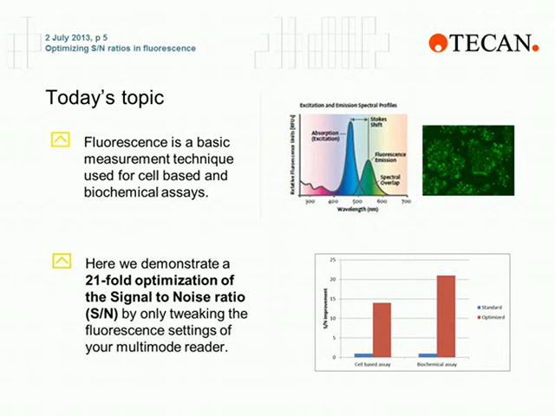After the webinar, you will have learned how to optimize your cell-based or biochemical assays by either 14 or even 21-fold without ever touching the assay and just tweaking the settings of your multimode reader.